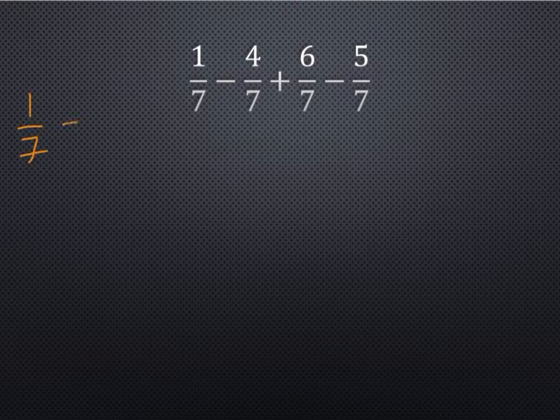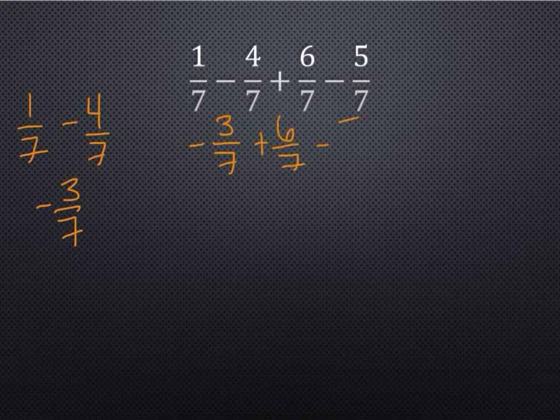1/7 minus 4/7 will be equal to negative 3/7. Negative 3/7 plus 6/7 minus 5/7.